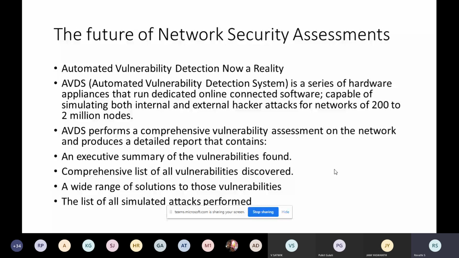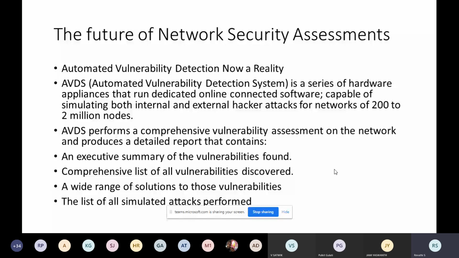After completing all these assessments, it will generate its own report. This report will have a summary of all the vulnerabilities it has discovered, and how to overcome and mitigate them, and what attacks it has performed.